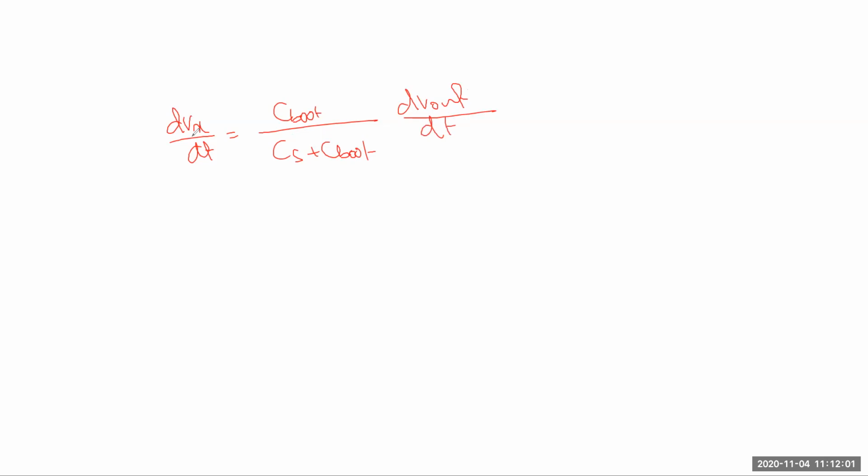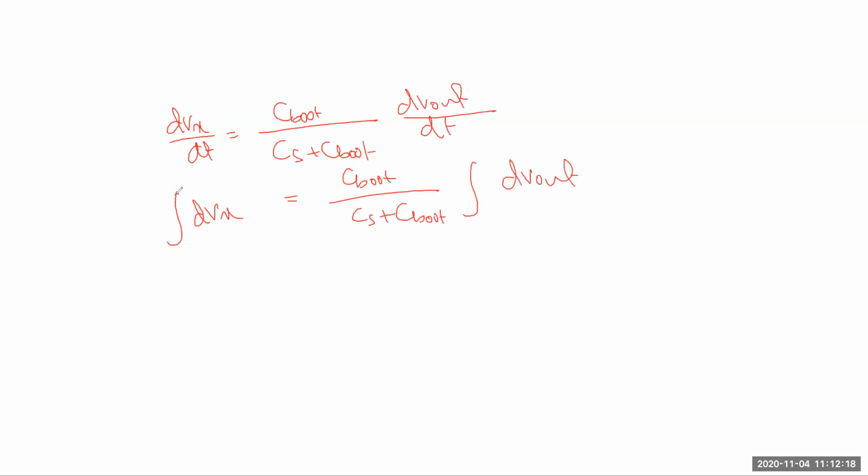So dt cancels, and you can integrate dVx equal to C boot by CS plus C boot times dV out.